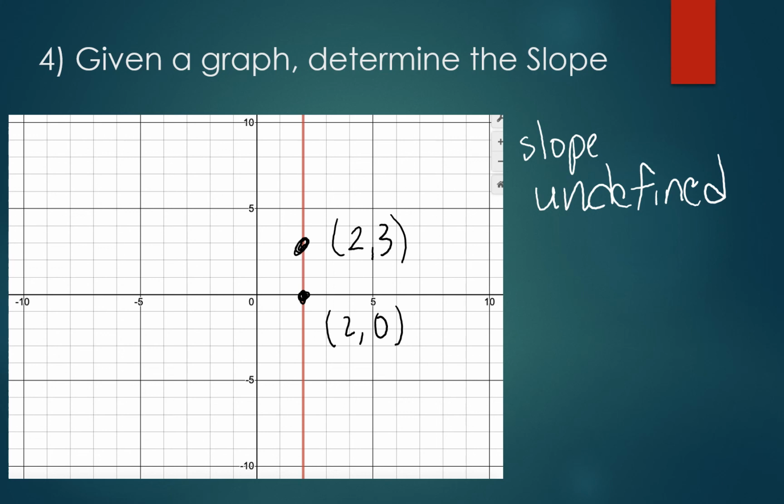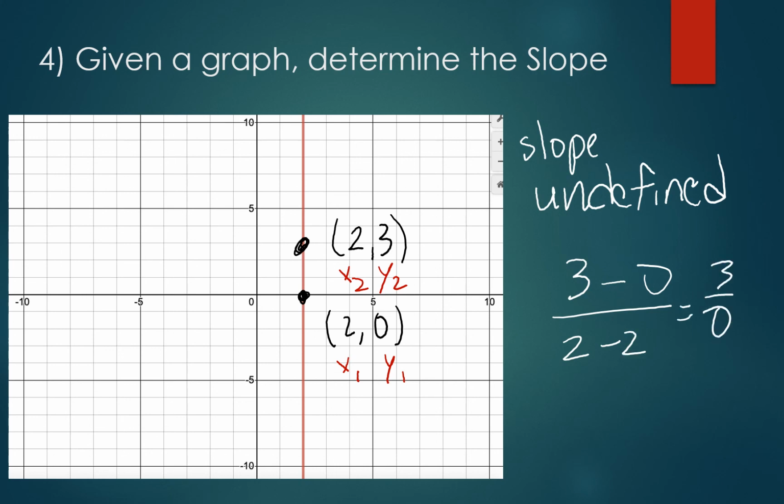Doesn't matter which one you label, so I'm going to do x sub 1, y sub 1, x sub 2, y sub 2. Come over here, so that's 3 minus 0 divided by 2 minus 2. That gives me 3 over 0. When you divide by 0, it is undefined.